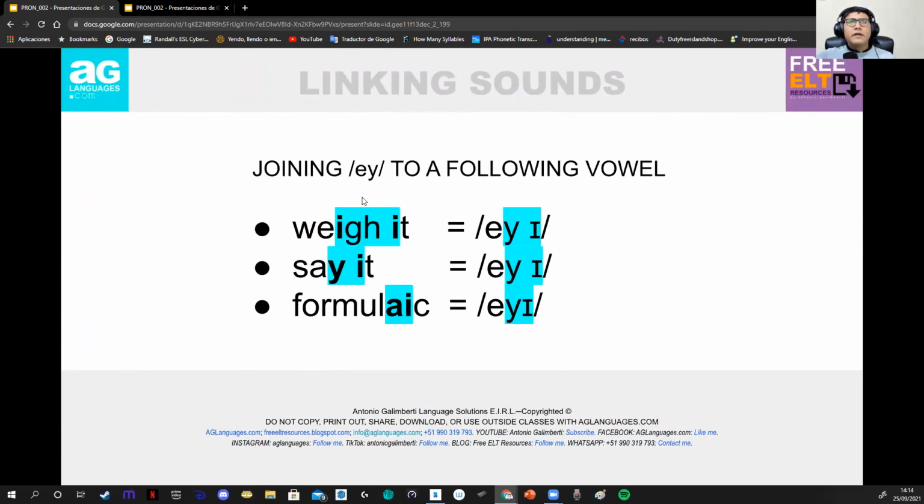You're going to find joining sounds as well here. And expressions like weigh it, say it, and a little bit less known, formulaic, weigh it, say it, formulaic.